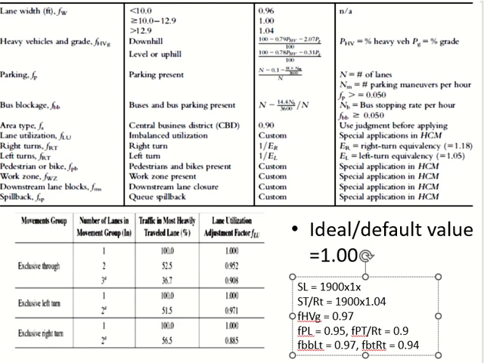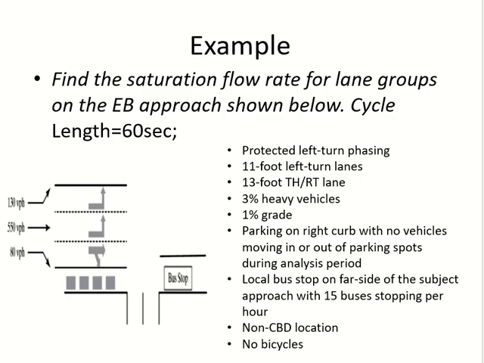The next one is for imbalanced utilization. We only have this problem in one lane group. Which one is that? We can only have a lane utilization problem with a multi-lane group, these two, where you can divide the movement.